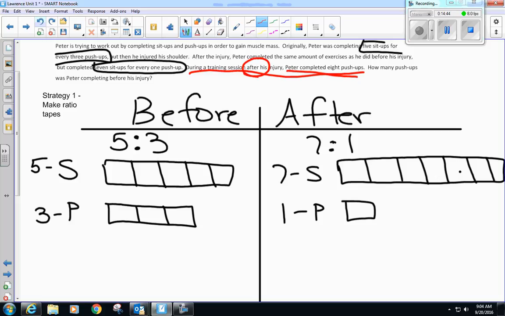After. That's important. So after his injury, 8 push-ups. So actually that kind of makes this one pretty easy, right? Because it's only 1. So there's no dividing involved or whatever? So all squares are worth 8. Make sure you put the arc so that you show me where you applied the puzzle piece.